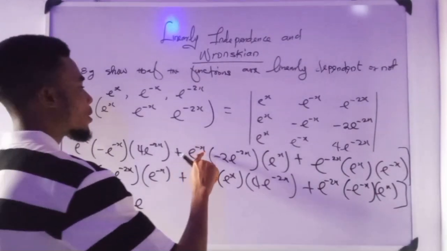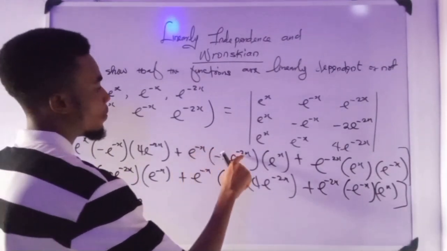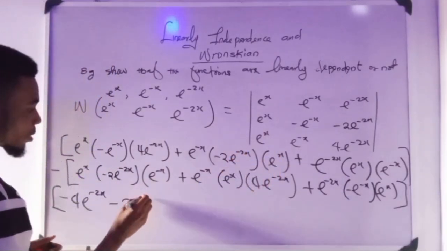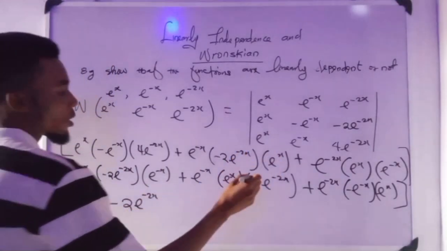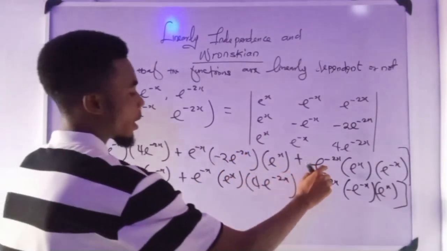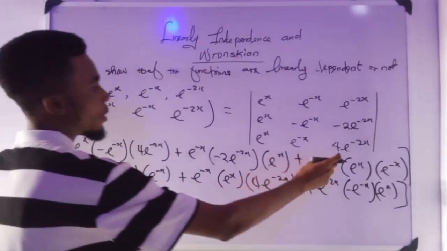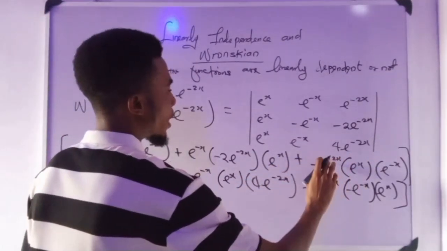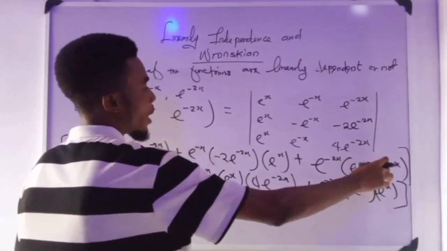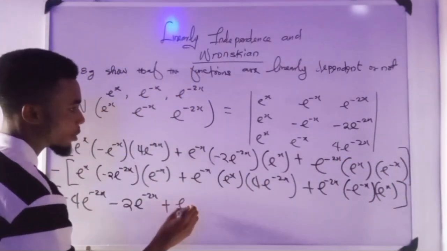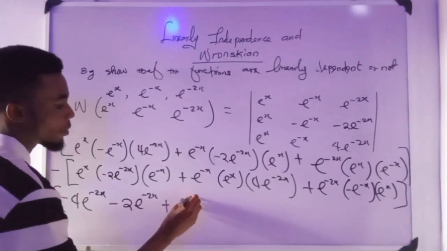Now I have minus x minus 2x is going to give me minus 3x plus x, which is minus 2x. Now plus, I come in here, I should have exponential minus 2x minus x, which is minus x. So I have minus x again, which gives me exponential of minus 2x.